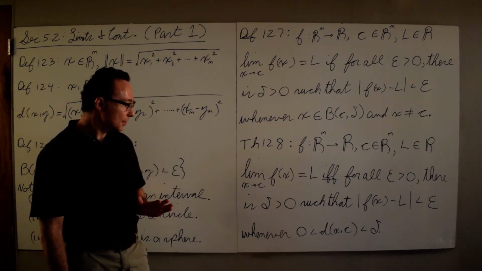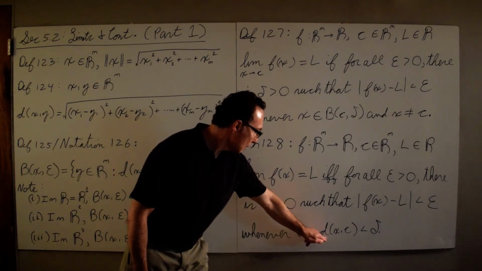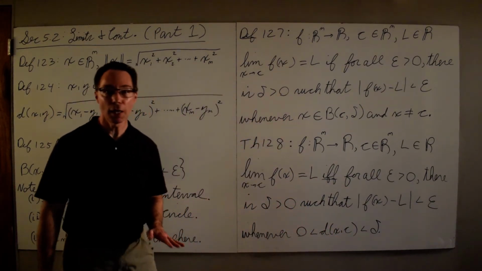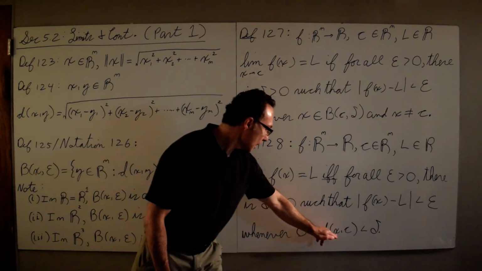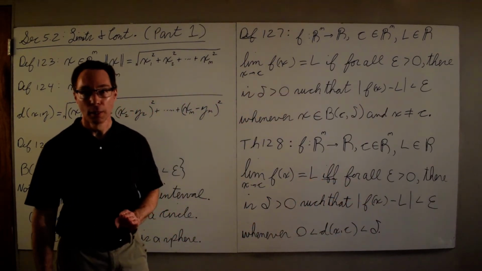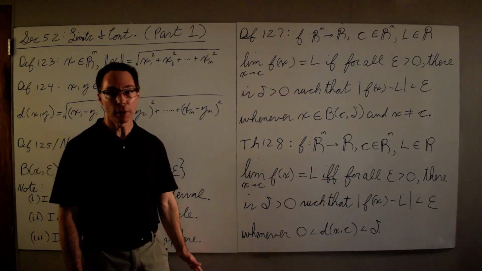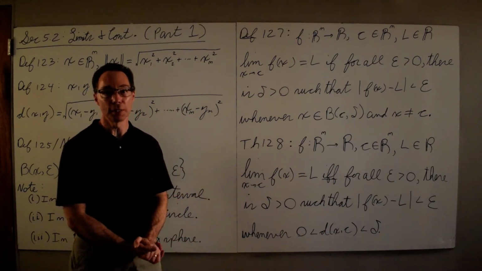Again, we're not saying that x cannot be c. We're saying we don't care what happens when it is. As long as x is not equal to c, we want this to happen. When x is equal to c, we don't care what happens. That's what we mean when we're insisting that x not be equal to c.